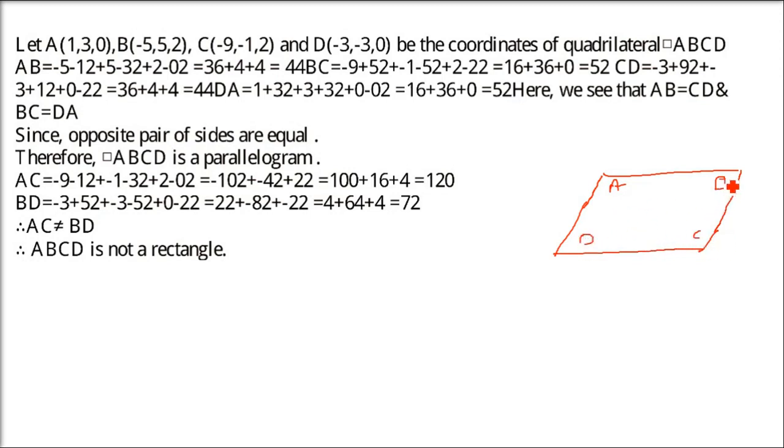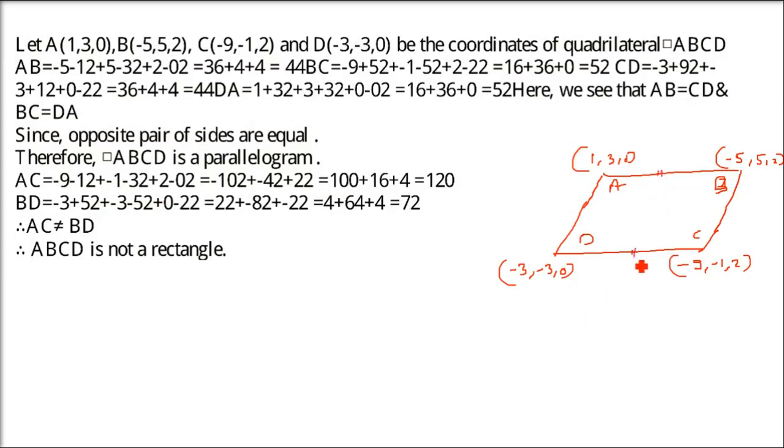We'll take the distance AB and DC. A is 1, 3, 0, B is minus 5, 5, 2, C is minus 9, minus 1, 2, D is minus 3, minus 3, 0. So first, basically you have to find all the sides.